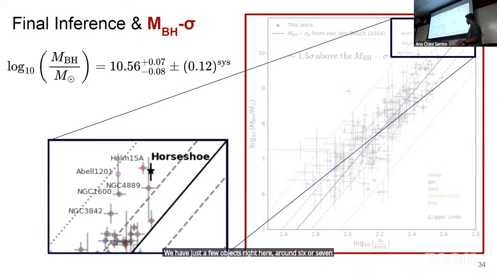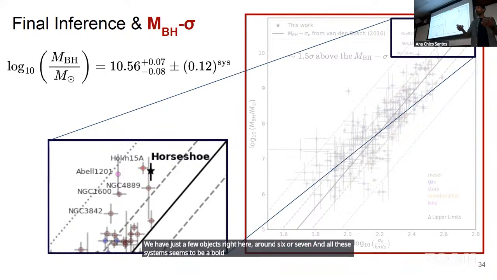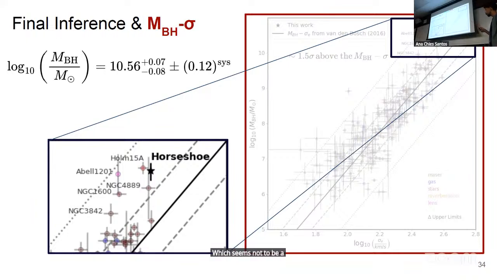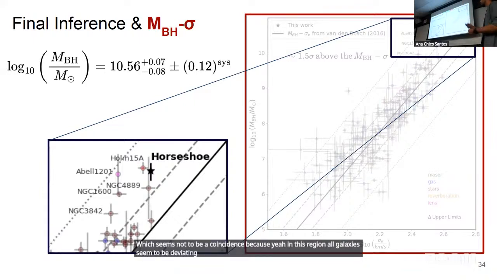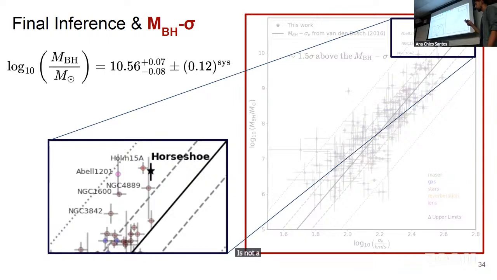And all these systems seem to be more than 1 sigma above the main relation, which seems not to be a coincidence, because in this region all galaxies seem to be deviating from above. It is not a random scatter around the main relation.